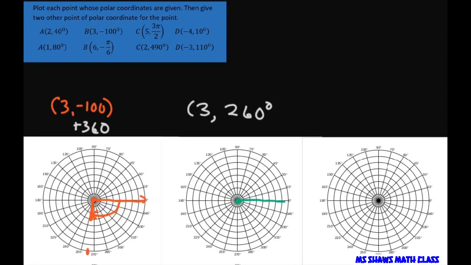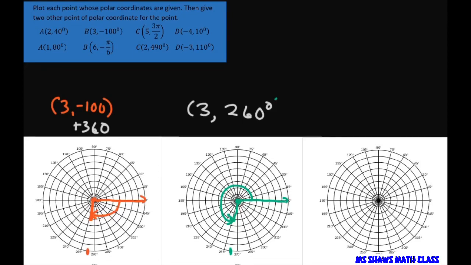There's your polar axis. 260 is right about here again. There's about 260. And then we go out 3. So this is 1, 2, 3. So it's the same. But this time we're going this way. All right, so it's the same plot.